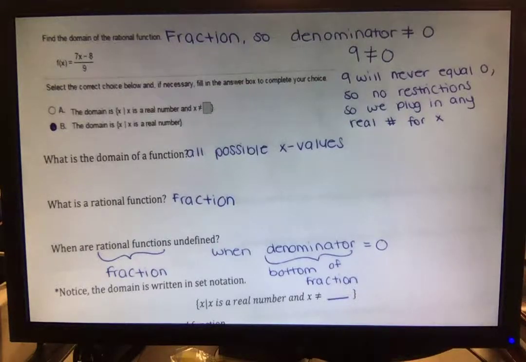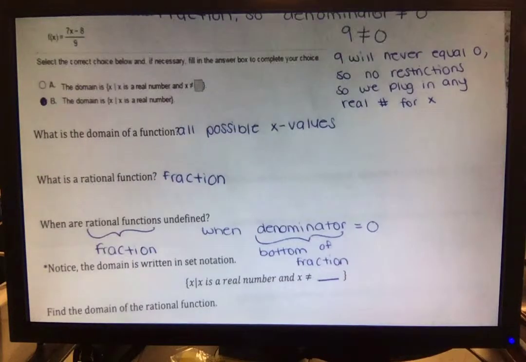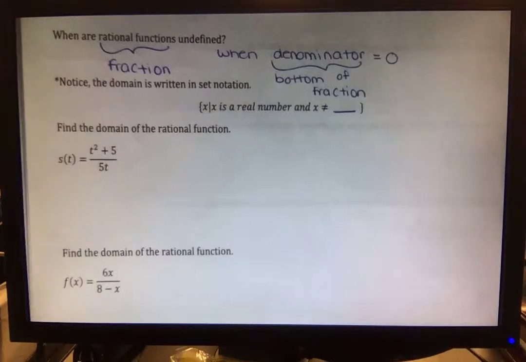Let's do the next one. It says find the domain of the rational function. We have s of t equals t squared plus 5 all over 5t. It's a fraction, so what cannot happen in a fraction? 0 where? On the bottom.